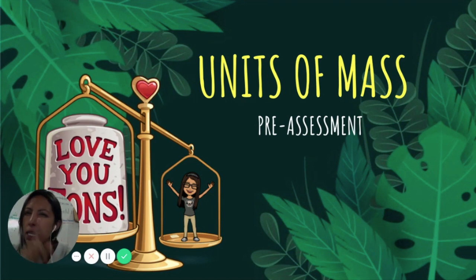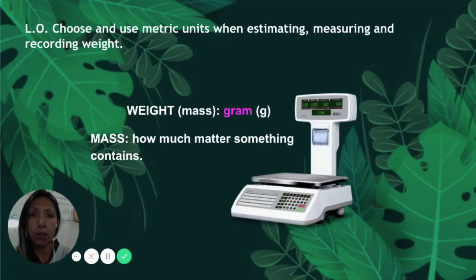Let me explain this a bit because this may be a bit confusing, and it's actually high level thinking. Our learning objective today is to choose and use metric units when estimating, measuring, and recording weight. Here I put weight because that's how we usually know it, but I'm talking about mass.